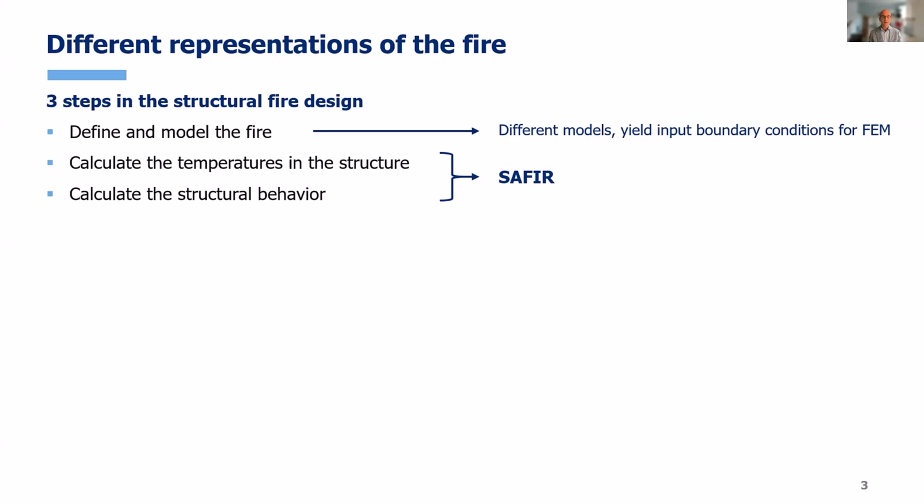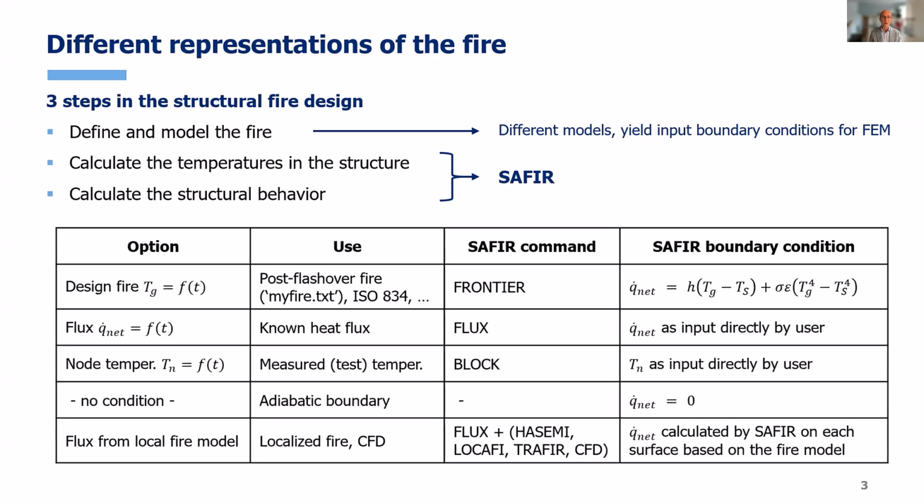So we can choose different types of fire models and then apply them as thermal boundary conditions. In the table here at the bottom, you see different options to use different fires in SAFIR. A very common option is to use design fire specified as a gas temperature function, so TG.